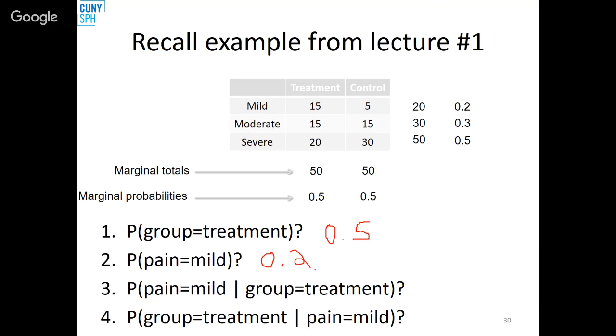Okay, now we've got a couple of conditional probabilities. The probability of mild pain conditional on being in the treatment group. So let's look at this treatment column.